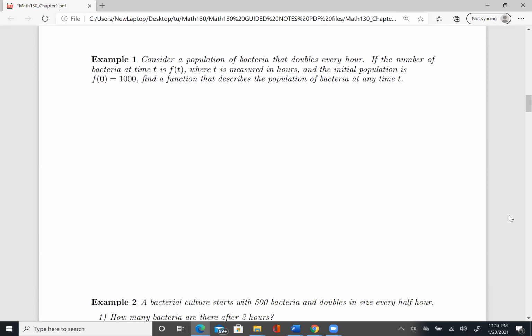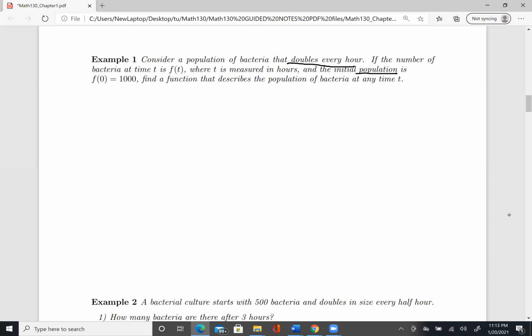If the number of bacteria at time t is f(t), where t is measured in hours and the initial population is f(0) equal to 1000, find a function that describes the population of bacteria at any time t. Okay, so you should remember this.